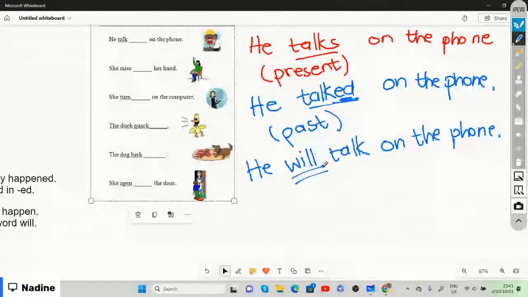And the word will gives us an indication that this is in the future, right? So there we basically used one sentence to show how it can be used in the present, how it is used in the past, and how it can be used within the future. And these are different tenses, verb tenses.